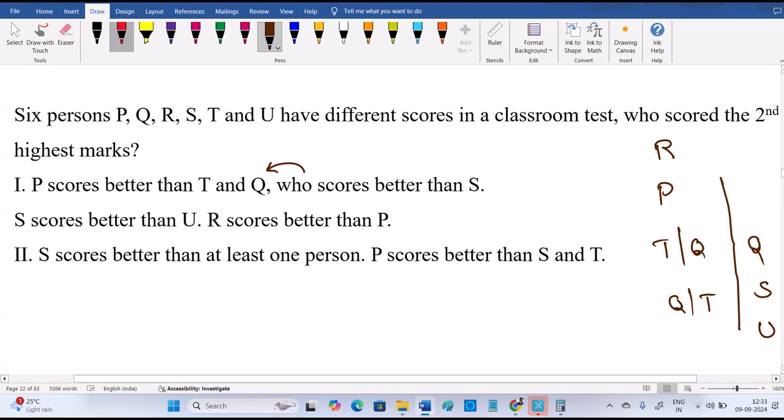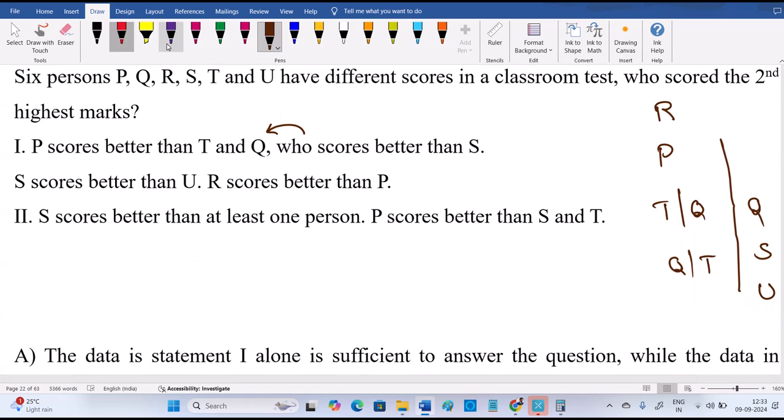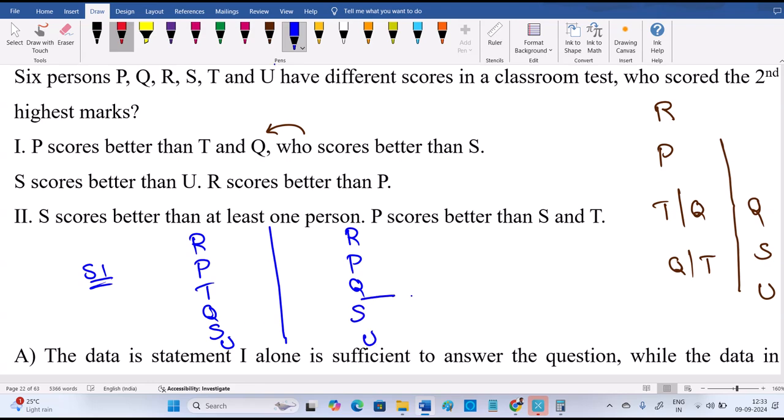Using one alone, you get R, P, T, Q, S, U. That's one arrangement. The other arrangement is R, P, Q, S, U, with T here, T here, or T here.